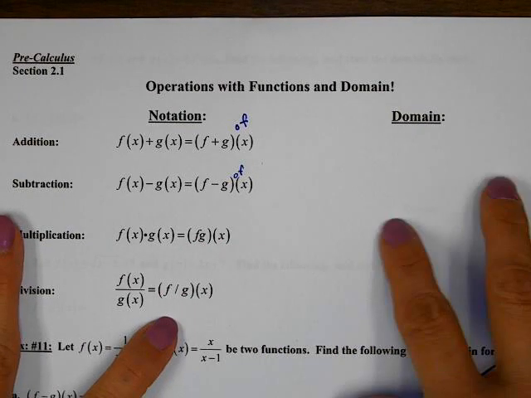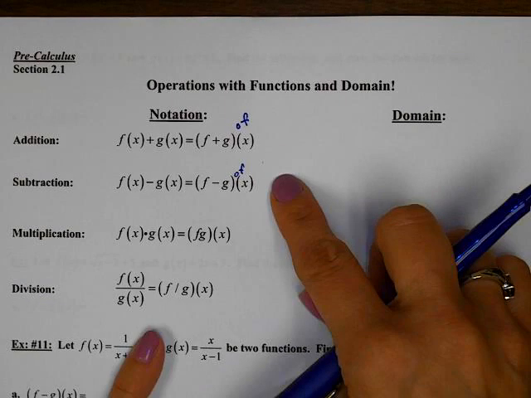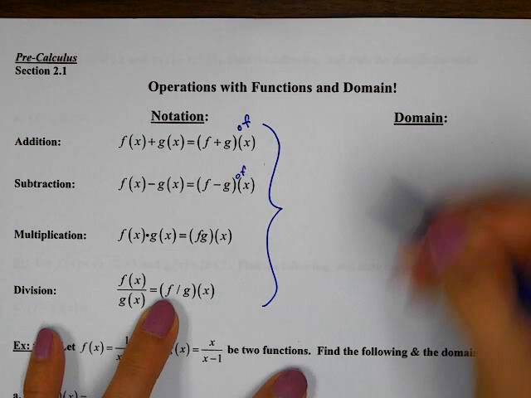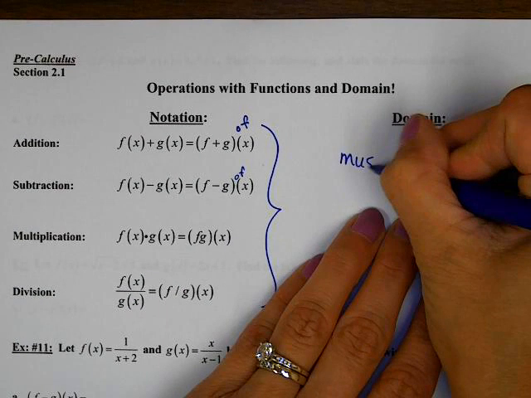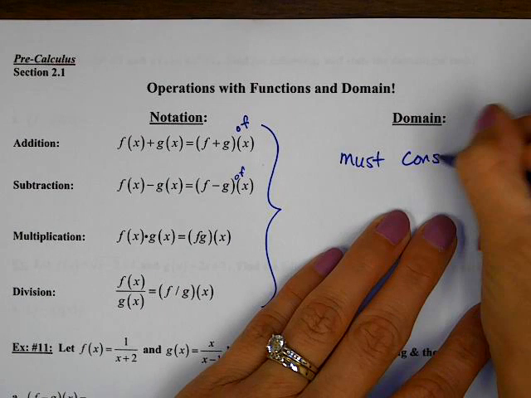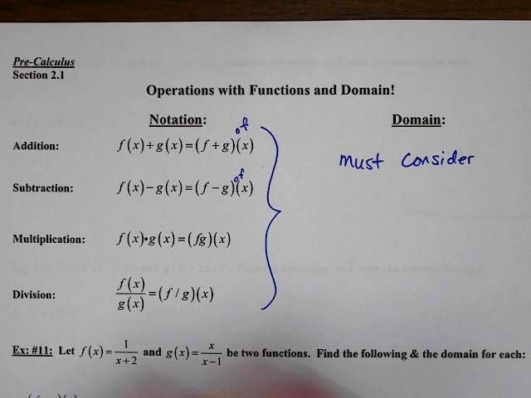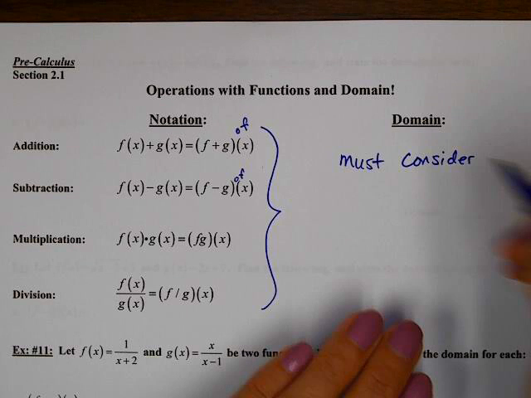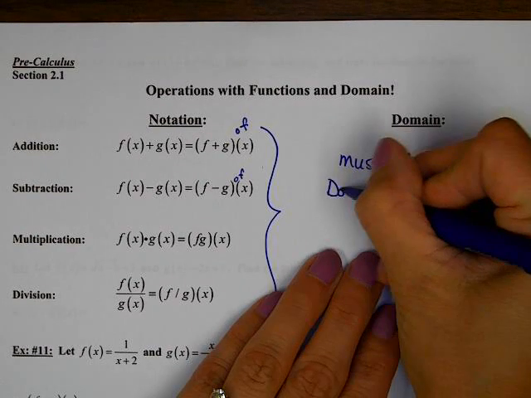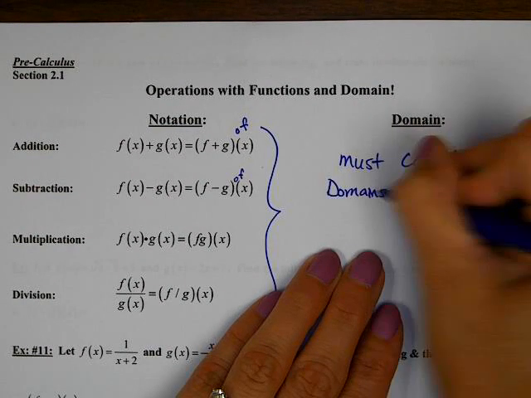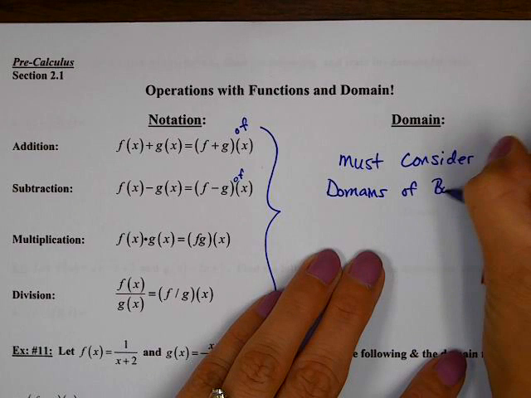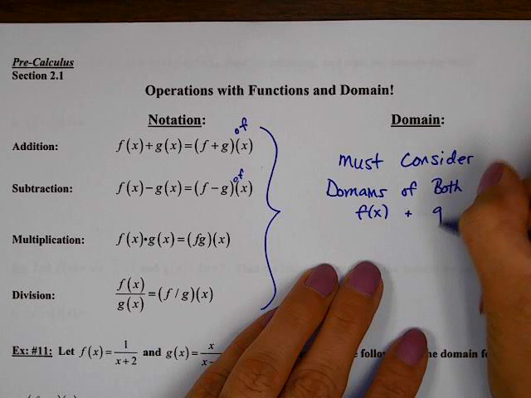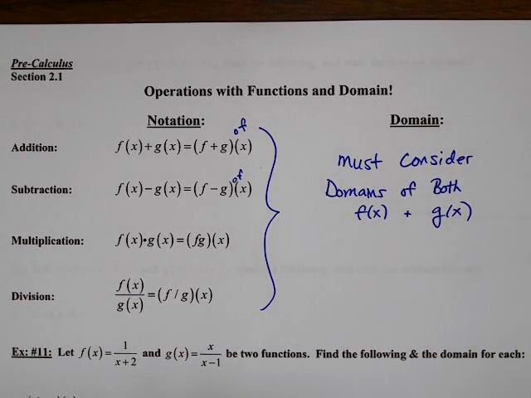So how do you do the domain after you do some operations? For all of them, you must consider: should I state the domain for f or for g? And the answer is both. You must consider domains of both f of x and g of x. You can't just state the domain for f.